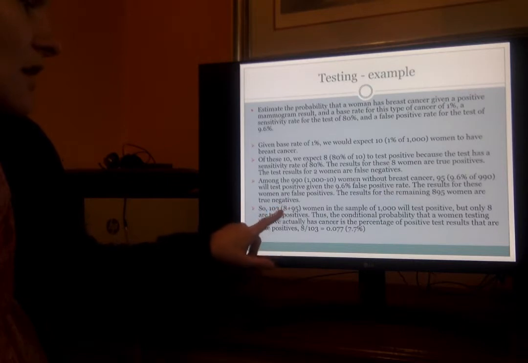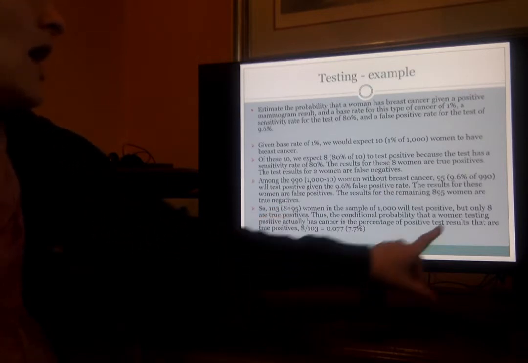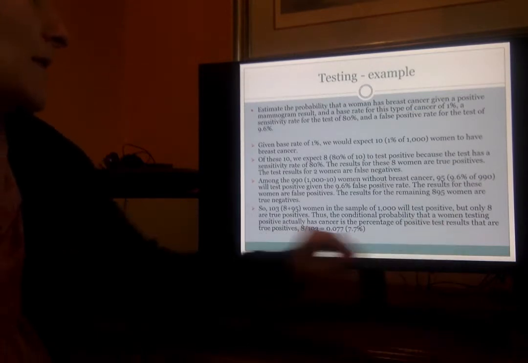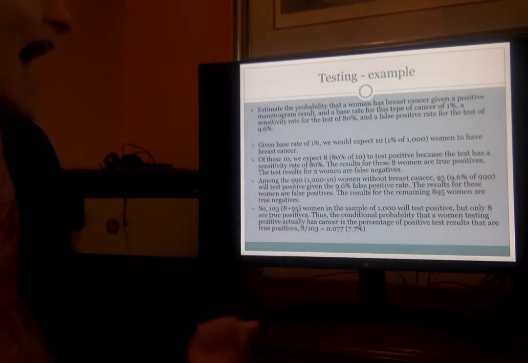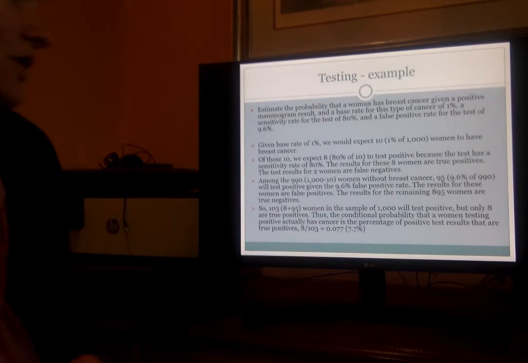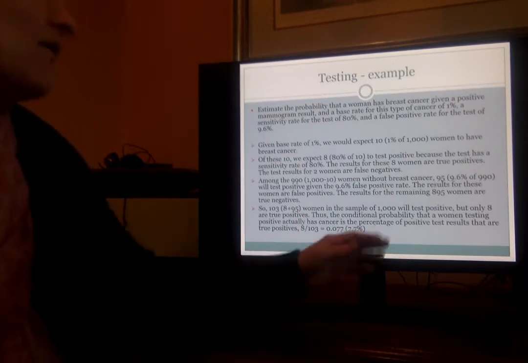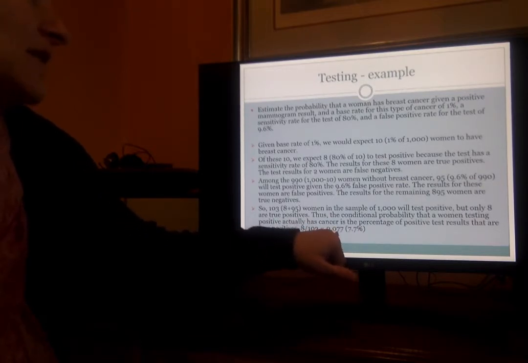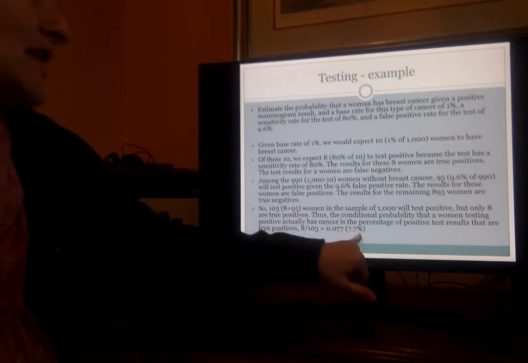Only 8 are true positives. Thus, the conditional probability that a woman testing positive actually has cancer is the number of true positive results divided by the total positive test results, which equals 0.077, or 7.7%.